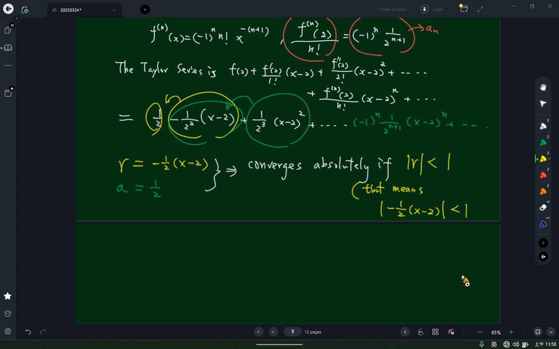Then it will converge to A divided by 1 minus R.